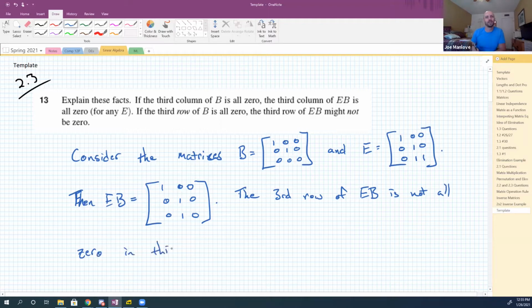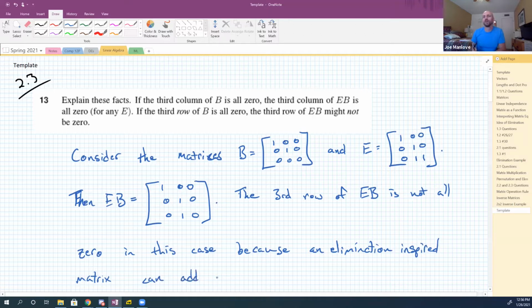In this case, because an elimination matrix, or maybe an elimination-inspired matrix, can add a row to our third row, and I suppose I should specify a non-zero row, to our third row of all zeros.